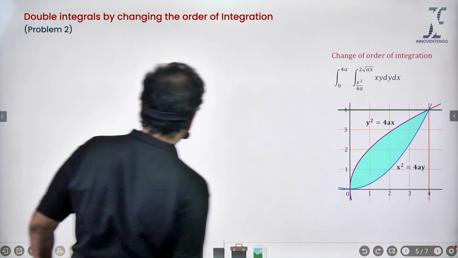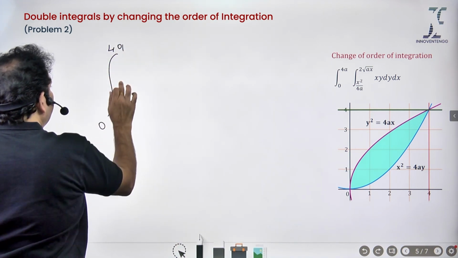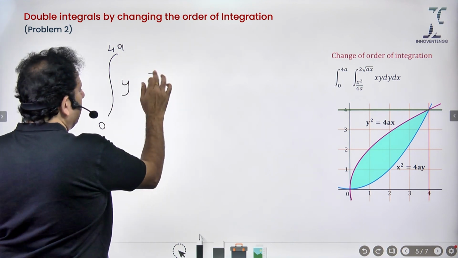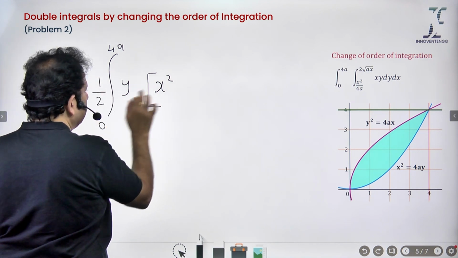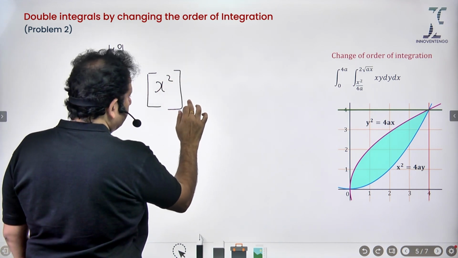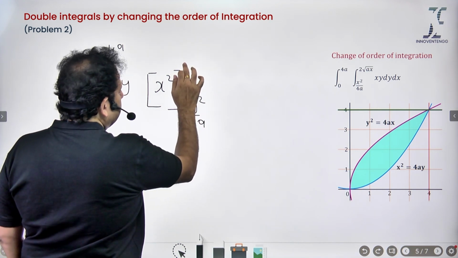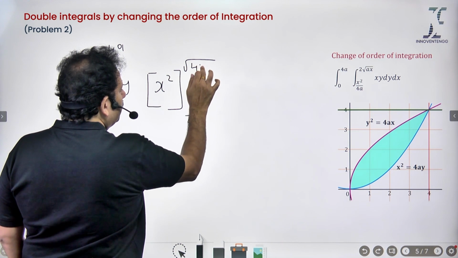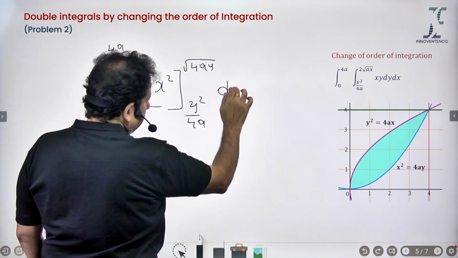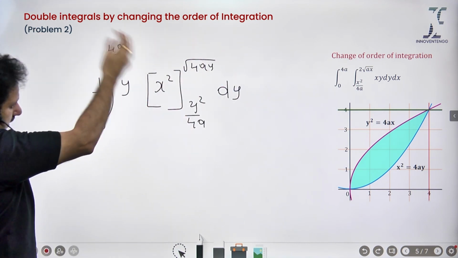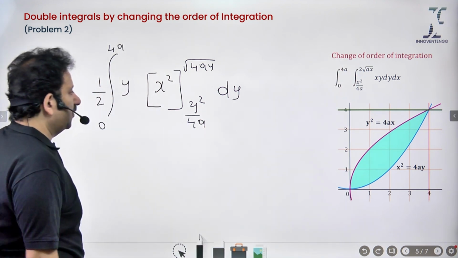So what will I get now? I will get 0 to 4a, y which was kept constant, and then you had x square. Of course half I will take out, and what you had was y square by 4a, and then here it would be root 4ay. You don't even have to look at it, rather remember, because everything is very similar to what you have over here.